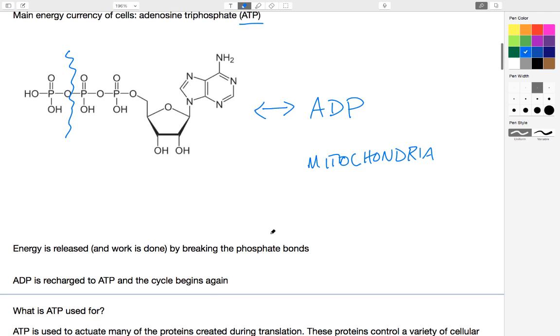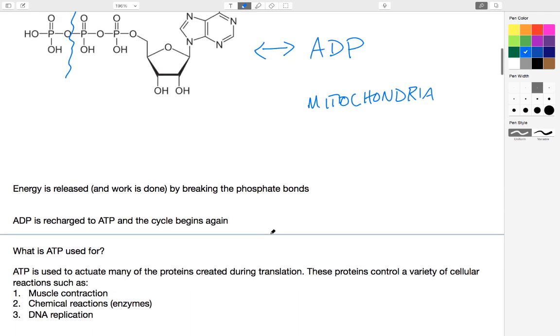All right, so what are the sorts of things that ATP is used for, and how exactly does it power things in the body and the cells? Well, most often it's used to make proteins do something. Oftentimes proteins will have a particular spot that an ATP molecule can attach to and then power that protein to change shape or perform a chemical reaction.